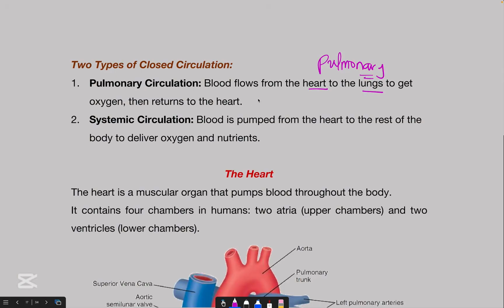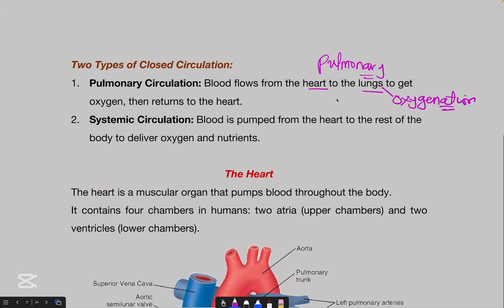Oxygenation of blood takes place in the lung. We mean oxygen is added to blood in the lung. The oxygen you breathe in diffuses into the blood from the lungs. And that circulatory system whereby blood flows from the heart to the lung is pulmonary circulation.